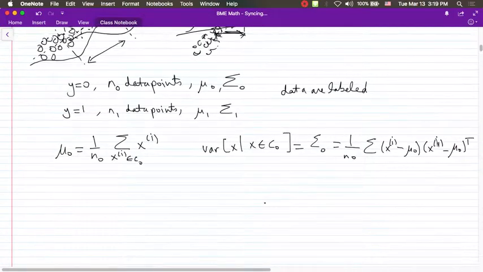So these are estimates of the variance and covariance matrices over the data sets. Okay, any questions so far? We just defined the mean and variances of each class.